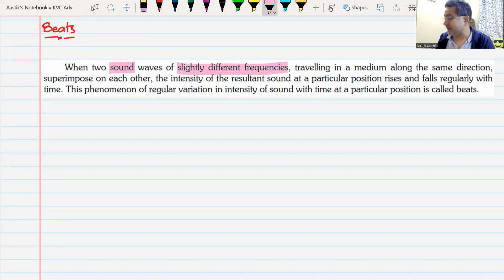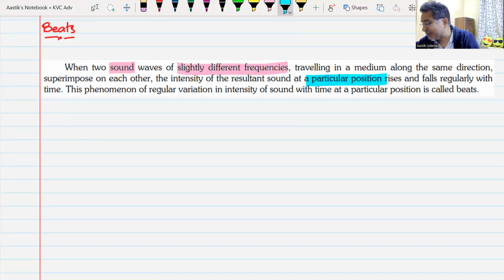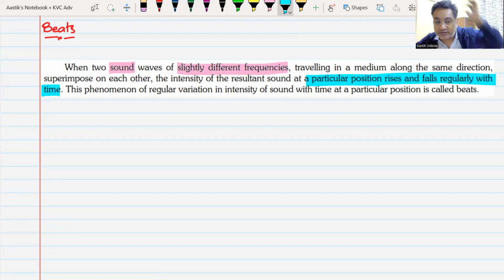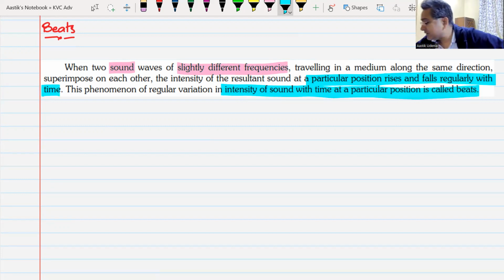The intensity of the resultant sound, at a particular position, rises and falls regularly with time. If I stand at any one point, I will hear sound getting maximum and sound getting minimum after some time. This phenomenon of variation in sound with time at a particular position is called beats.